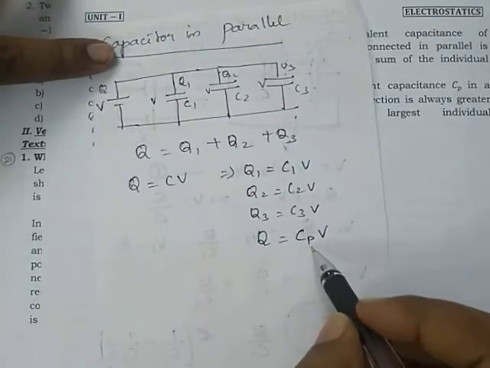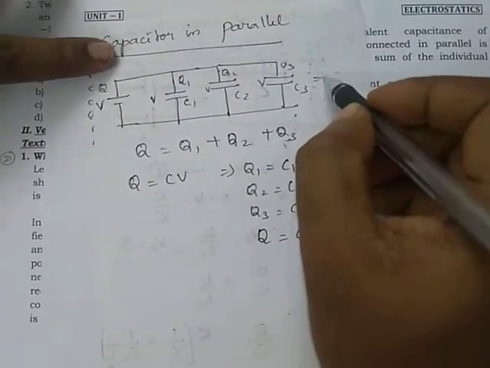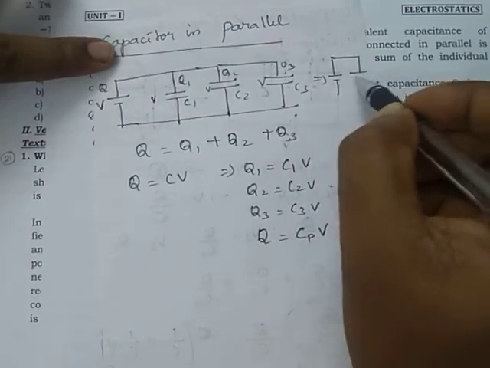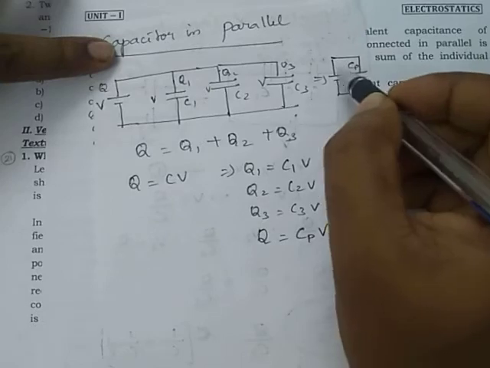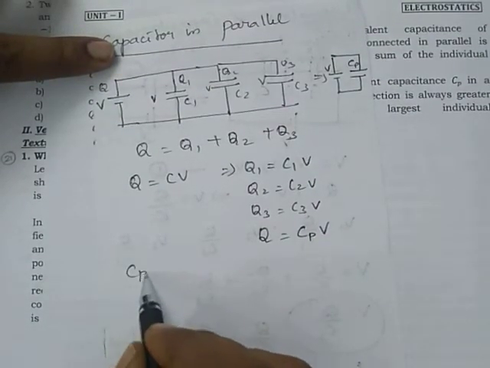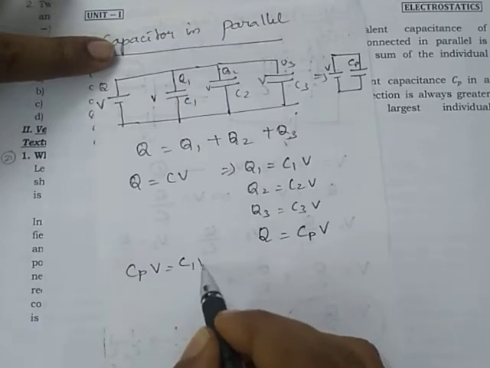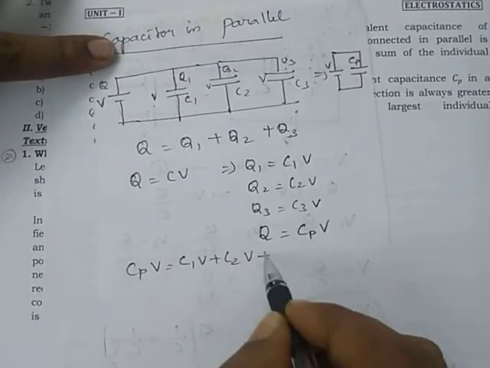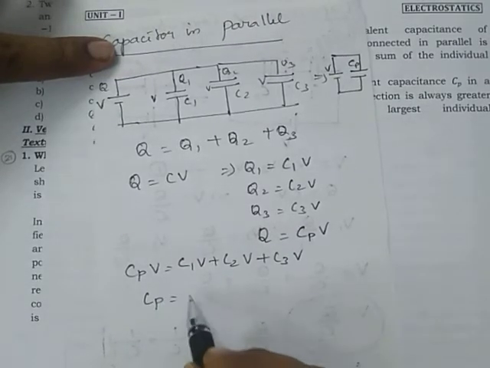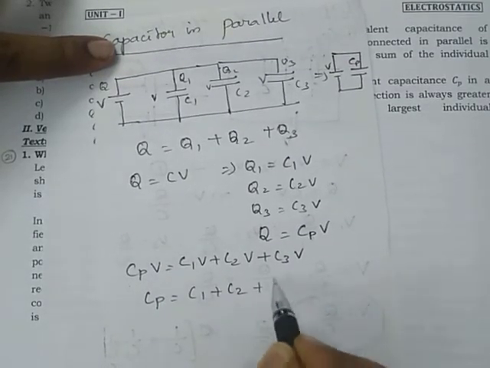Cp is the effective capacitance. We can write Q as CpV, that is equal to C1V + C2V + C3V. Then we get Cp = C1 + C2 + C3.